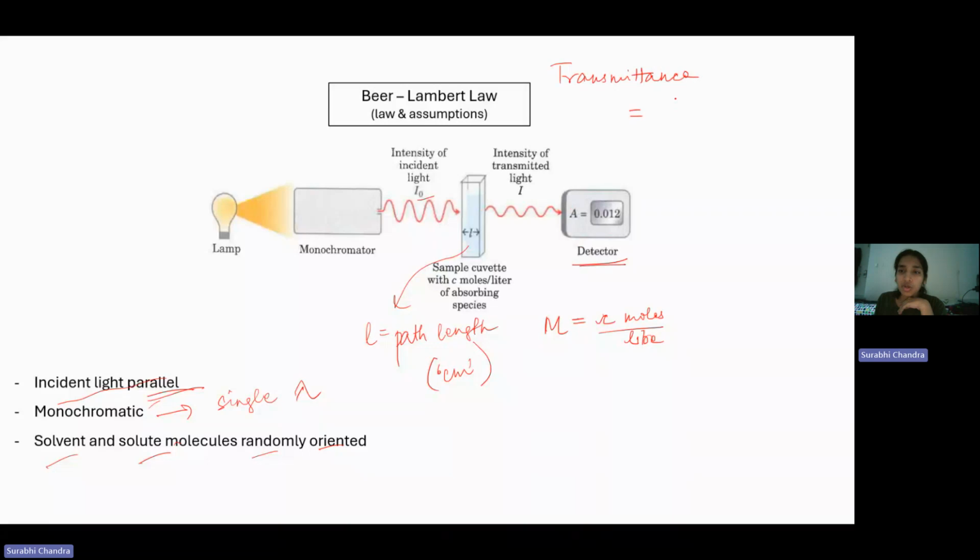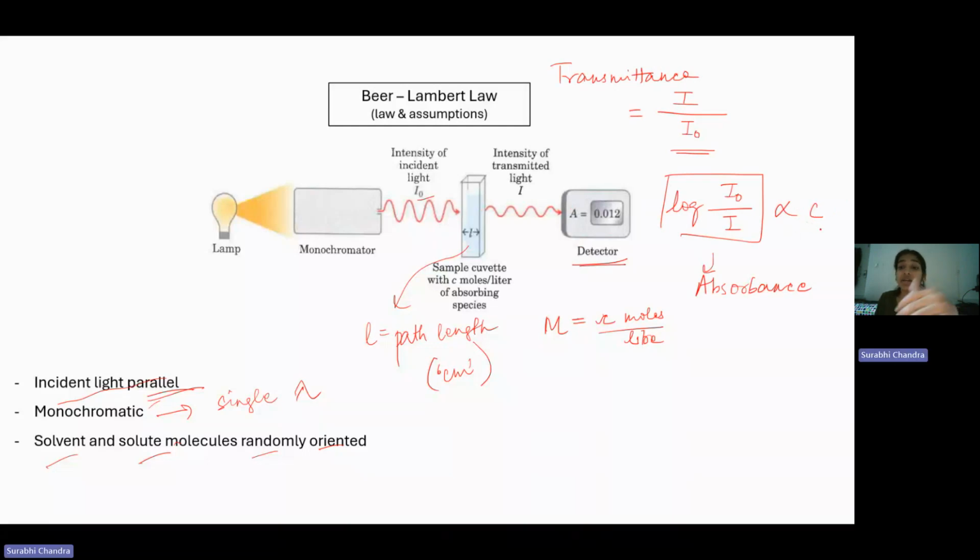Transmittance is the ratio of the intensity of the light transmitted divided by the initial intensity. Now, the log of this value is termed absorbance, which has been found to be proportional to the concentration of the sample.